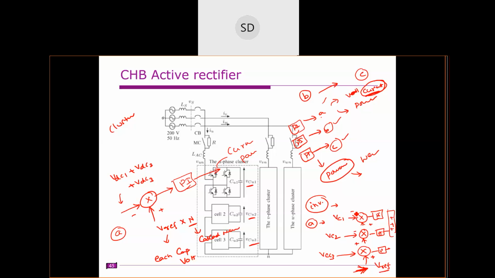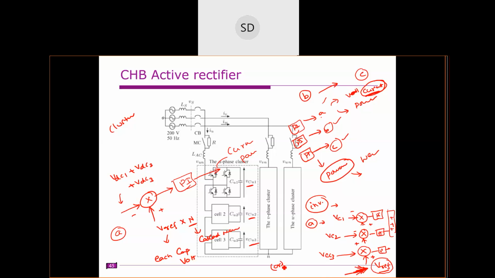Clear? In case of cluster voltage balancing, we will add all the capacitor voltages and compare with its concerned reference value. In case of individual voltage balancing, we will consider each capacitor voltage, and after that we have this PI controller, which is compared to this V reference.